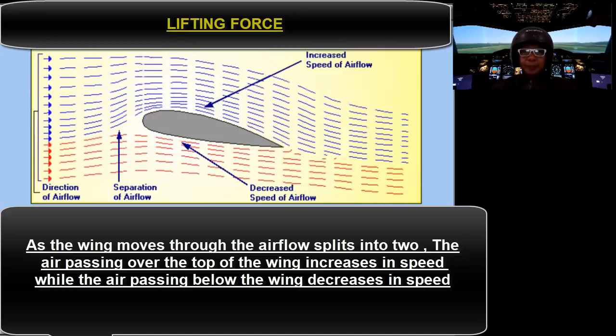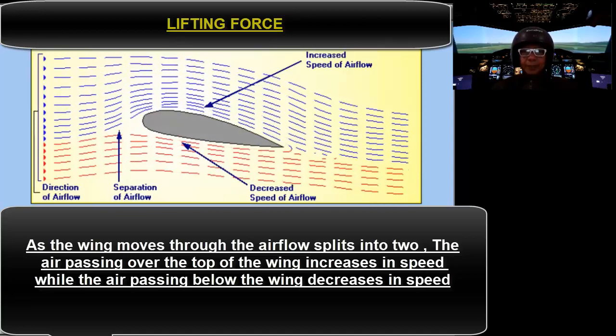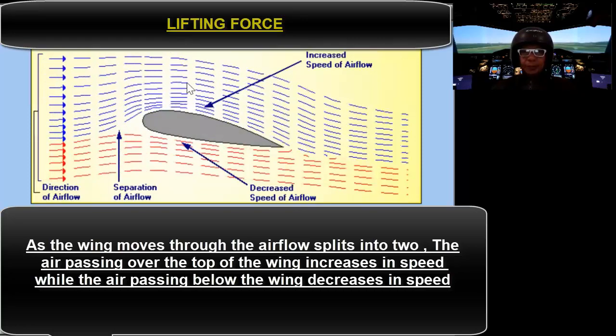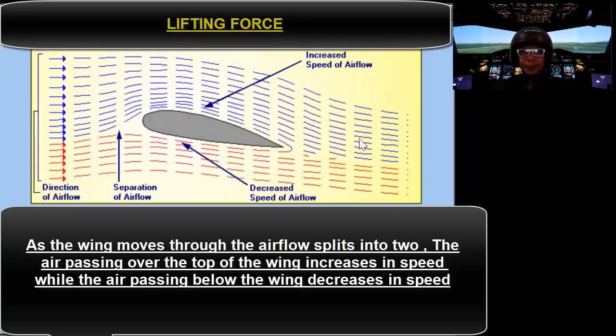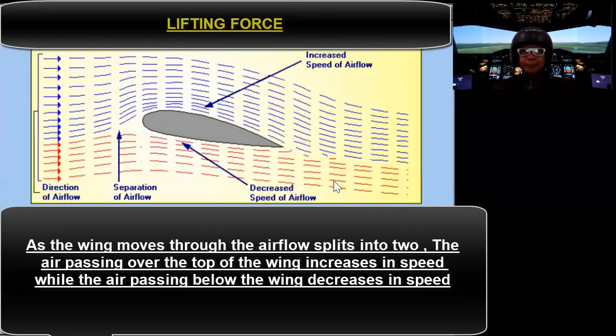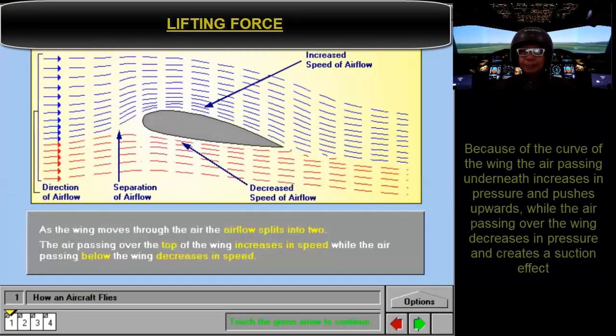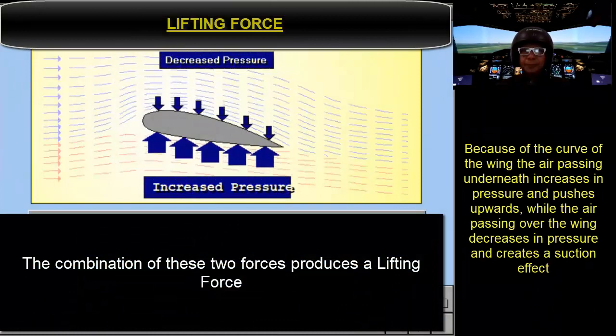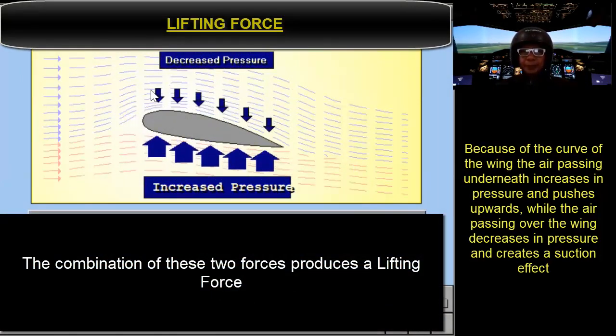As the wing moves through the air, the airflow splits into two. The air on the top of the wing increases in speed, while the air passing below the wing decreases in speed. So this is due to the curve of the wing.